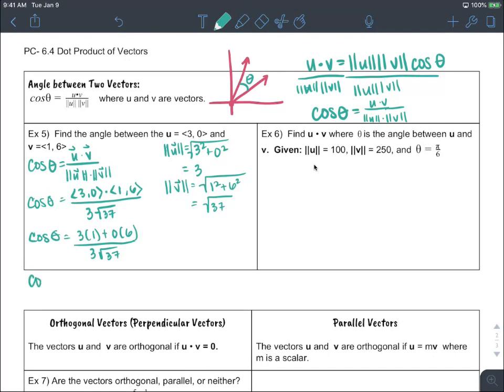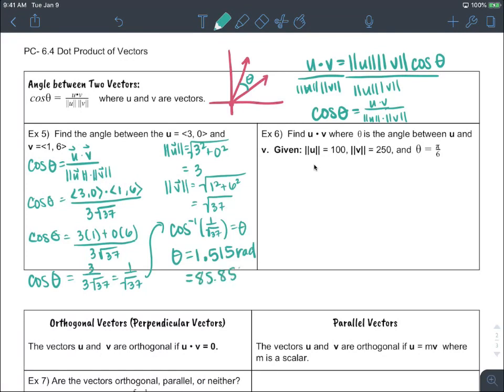This gives me the cosine of theta is equal to 3 over 3 root 37, which is 1 over square root 37. I'm going to go ahead and inverse this. The cosine inverse of 1 over square root 37 is equal to theta. So theta is 1.515 radians, or 85.859 degrees. Sometimes it's nice to see this in degrees.